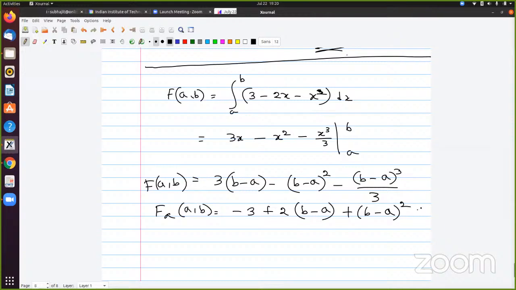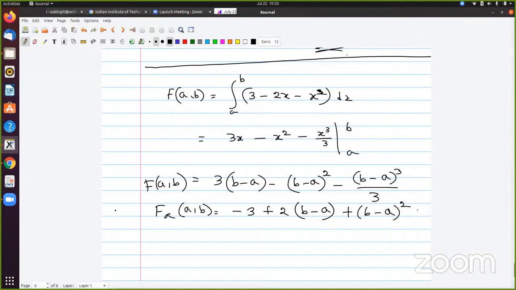Okay, so this is your f_a of (a, b). I mean, if we differentiate with respect to a, we will get this. Is it clear to everyone? Do everyone get till this point? Yes, sir.